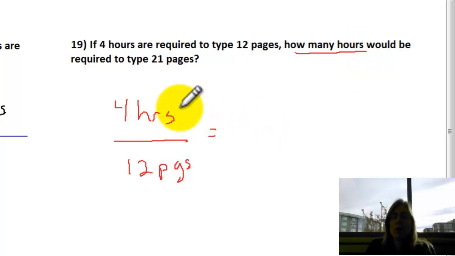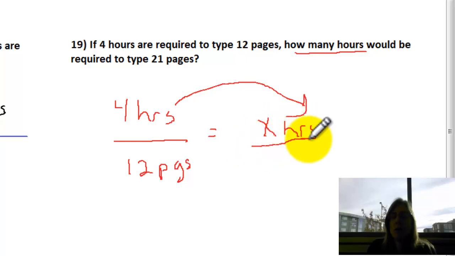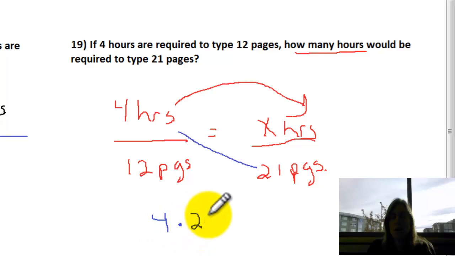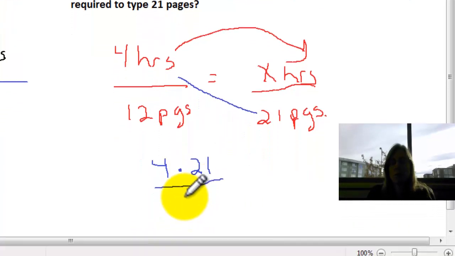Make sure that hours is on top of hours, so you have X hours because you don't know how many hours, over 21 pages. And you just solve as you would solve for any proportion, which is multiplying here and then dividing by 12. So 4 times 21 divided by 12.